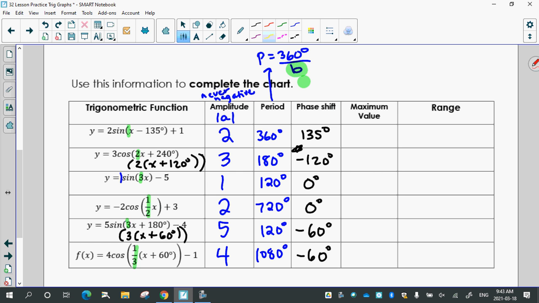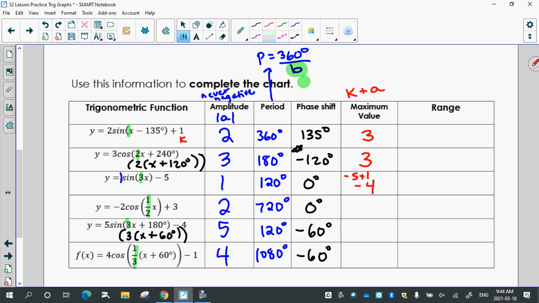Maximum value, remember, is K plus A. So 1, this is my K, plus 2 is 3 would be my maximum. Here K is 0, plus 3 is 3. Negative 5 plus 1 is negative 4 would be your maximum.